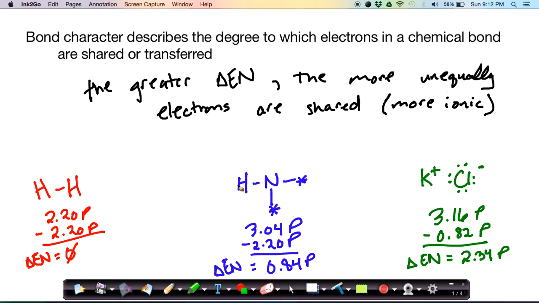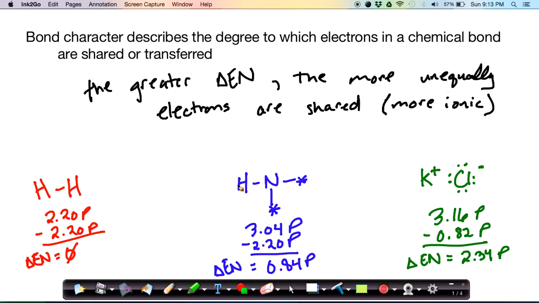Covalent bonds would be equally shared electrons. If we're talking about a true covalent bond, those electrons are shared equally. The less equally electrons are shared, the less covalent that bond becomes. And as it becomes less covalent, it becomes more ionic. So think of this sort of as a scale.